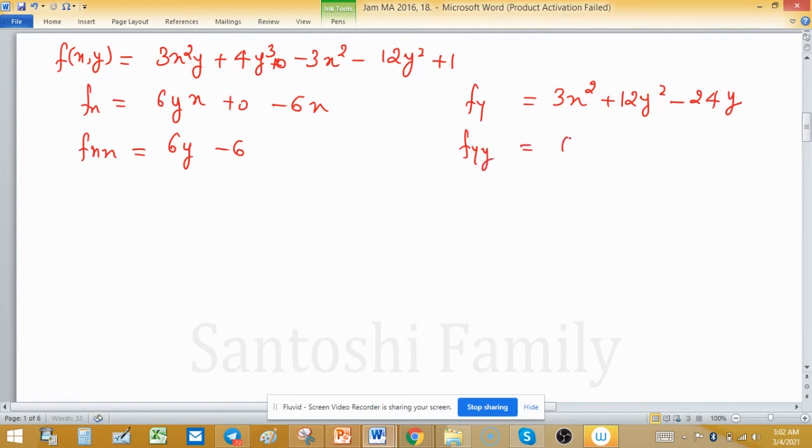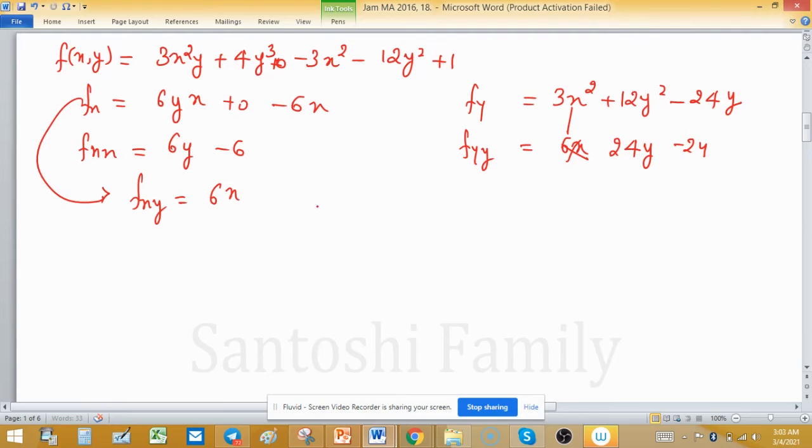Fyy will be 24y minus 24, because the term 3x square is not containing y, so it will be 0. As this is fx, fxy means again differentiating this one with respect to y, which gives 6x only.